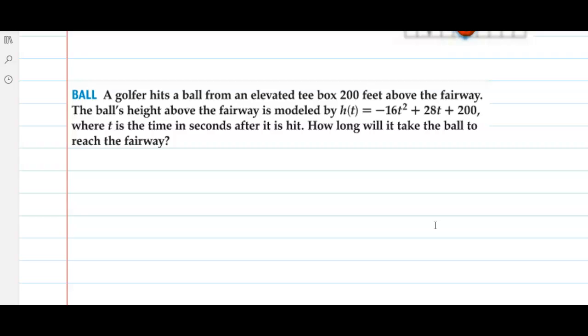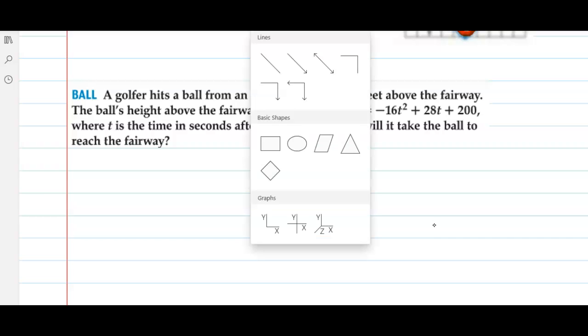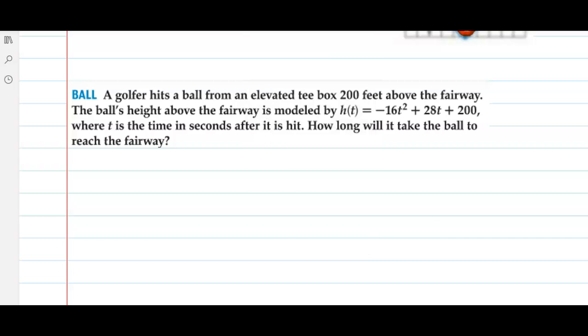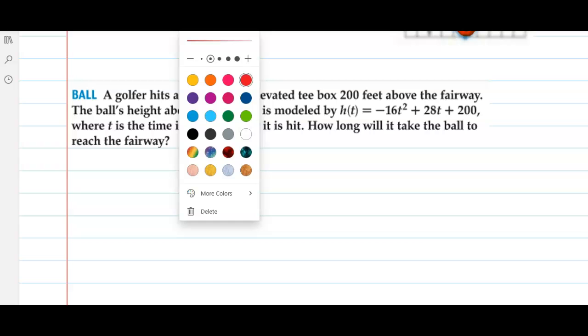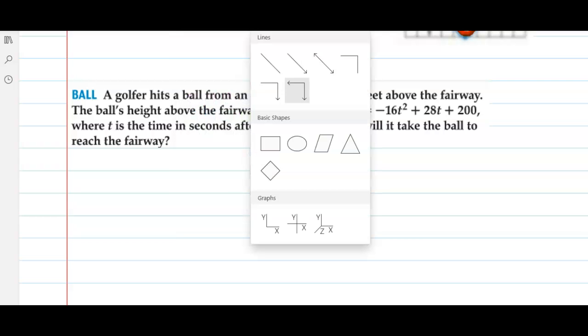These type of trajectory problems are very, very common word problems in the realm of quadratics. It's really easy to model it. Let me show you exactly what I mean. I'm going to start by drawing just the first quadrant.